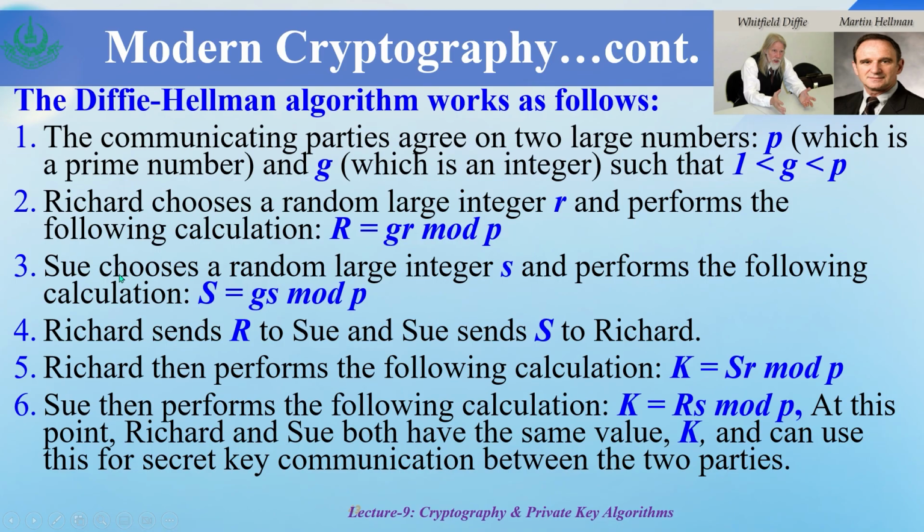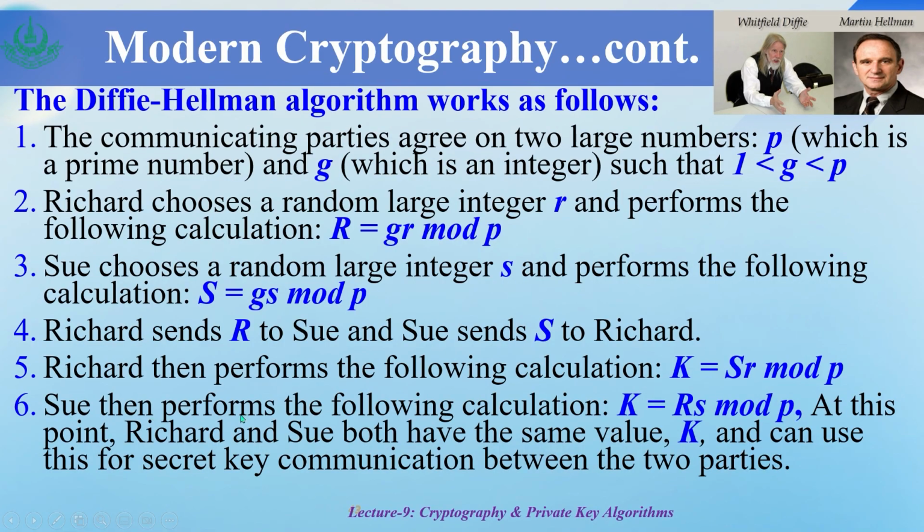The second user chooses a random large number s and performs the following calculation: S = g^s mod p. The first user sends R to the second user, Su, and Su sends S to the first user.